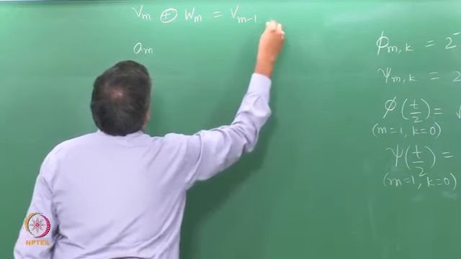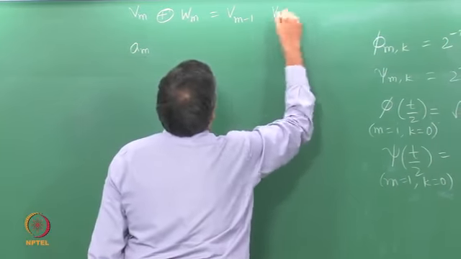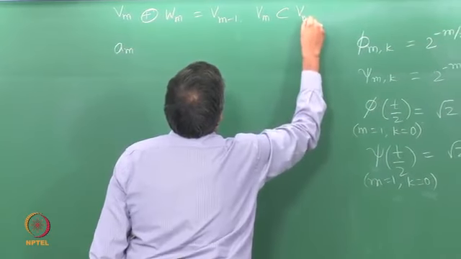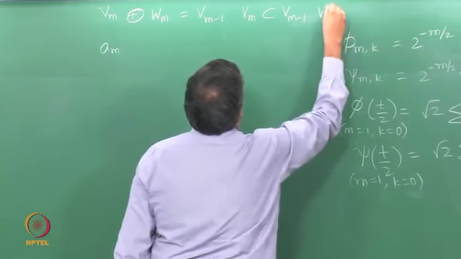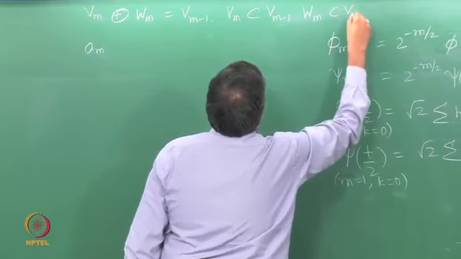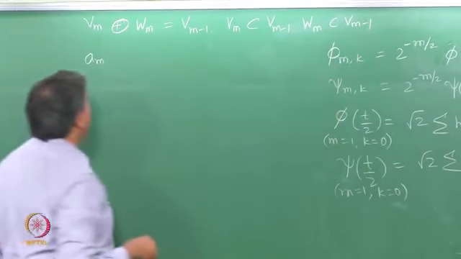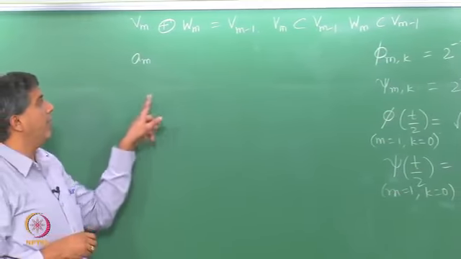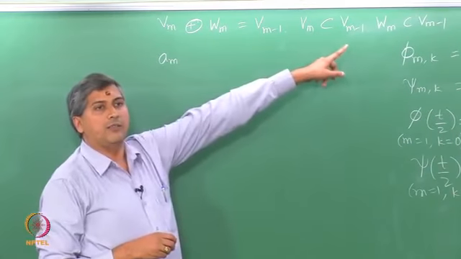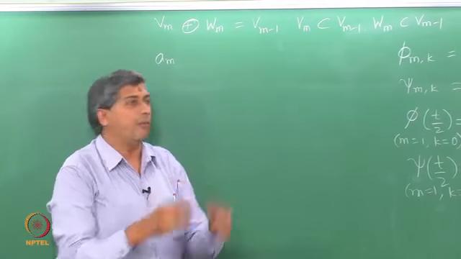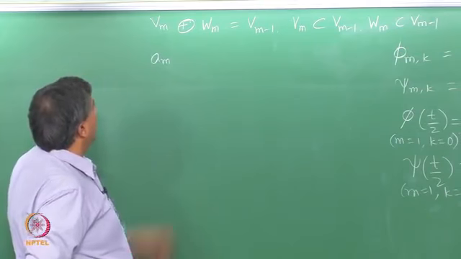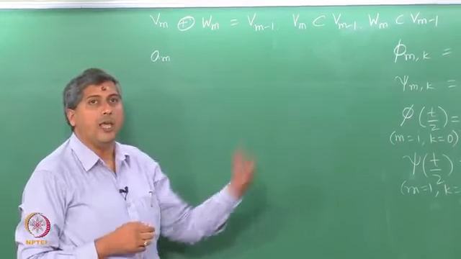In other words, V m is a subspace of V m minus 1 and so is W m. Therefore, to compute A m and D m, I only need A m minus 1s which live in V m minus 1. So, I need a recursive relation for A m in terms of A m minus 1.